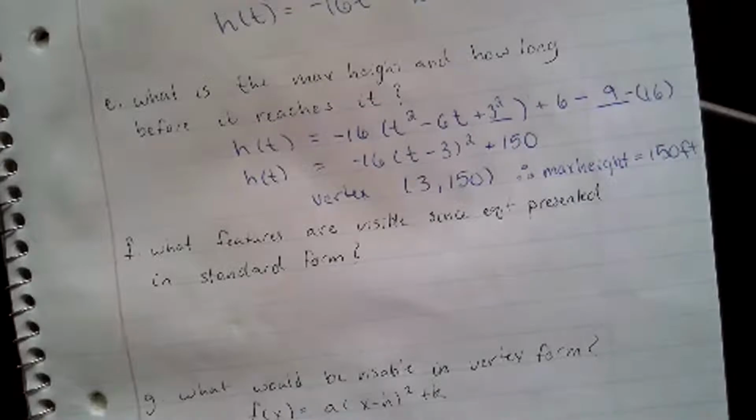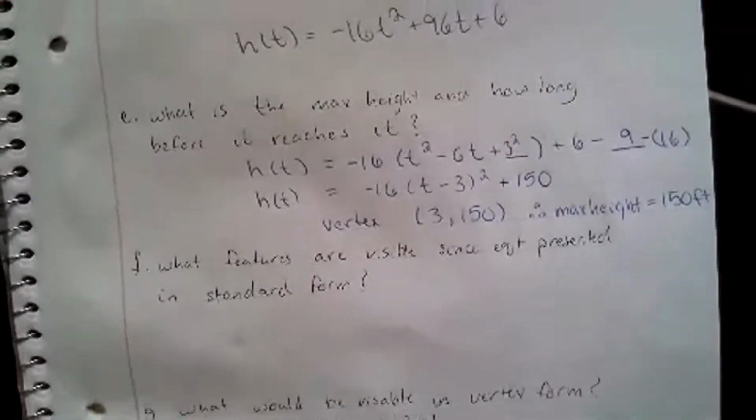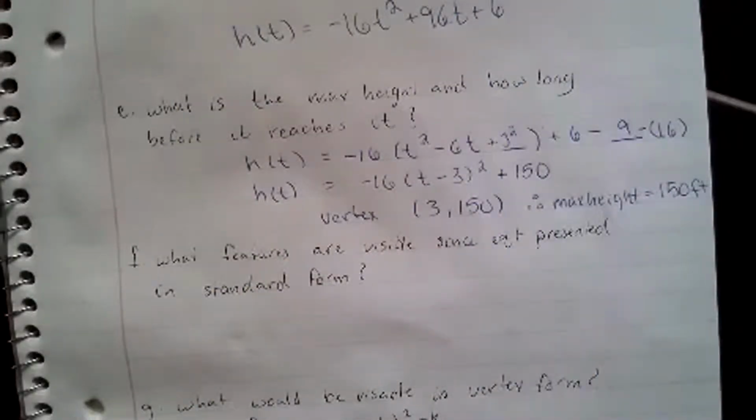All right, what features are visible when the equation is presented in standard form? So just looking at it, up here, this is standard form. We can see quite a few things.